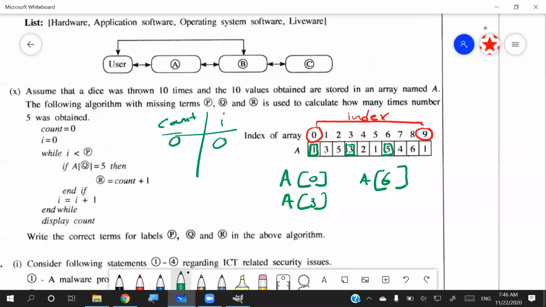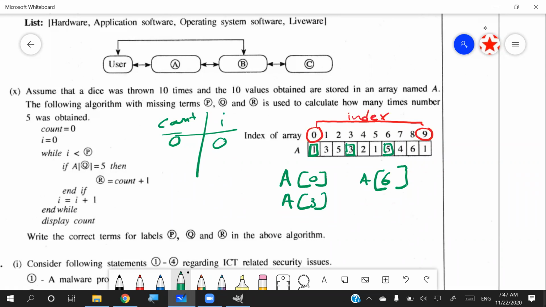it should be an answer that gives 10 iterations, right? So if we put it blindly as 10, it can be a correct one or a wrong one as well. So we have to check how things are going to happen. To check it, we'll do the hand tracing, right? So count is 0, I is 0. We don't know what the while I less than P something is.